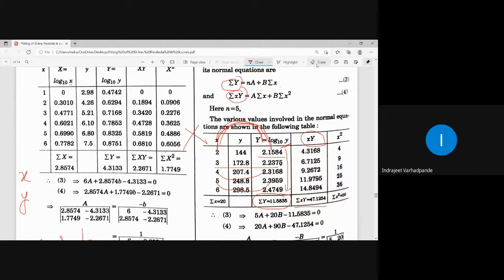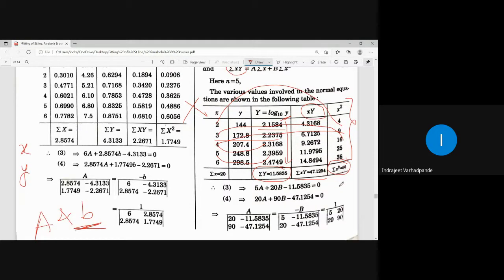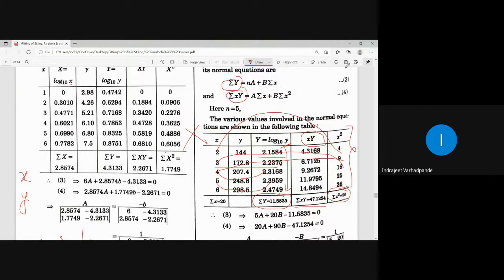Take square of first column small x. 2 square is 4. 3 square is 9. 4 square is 16. So this is the particular column available for x square. Do the addition. This is giving you summation small x square. So accordingly, all the values are generated from the table.